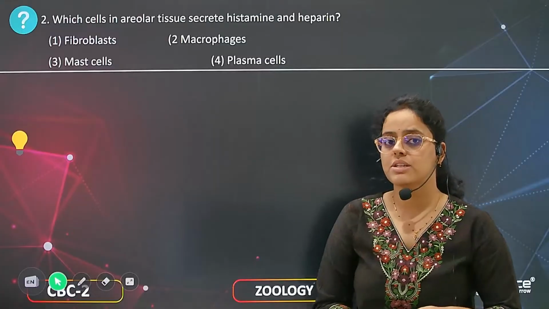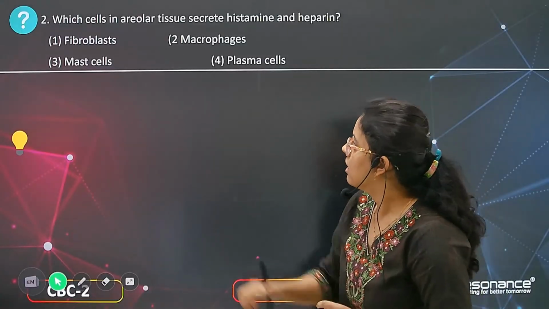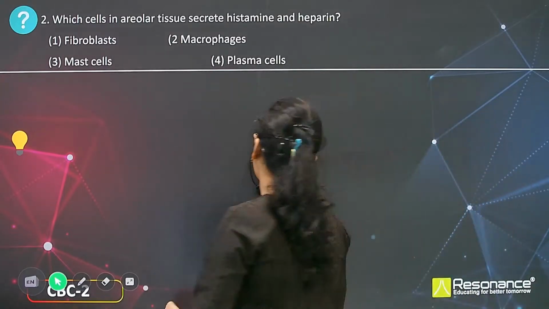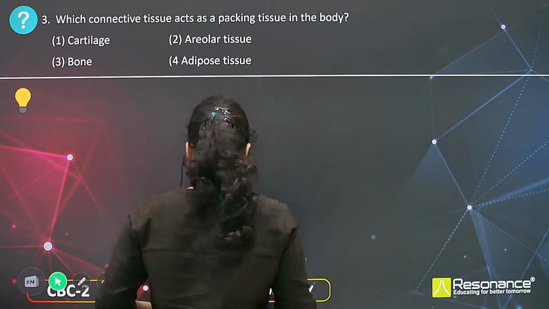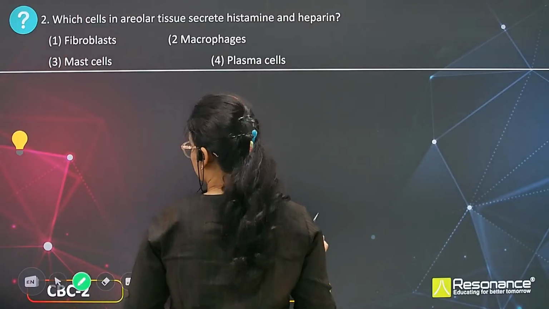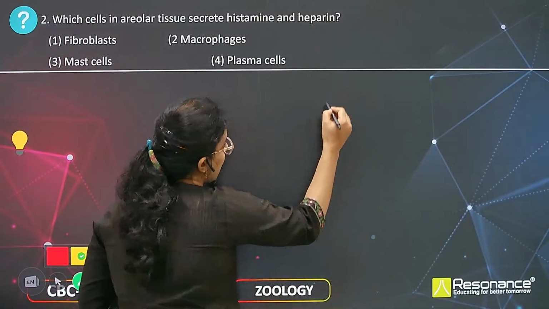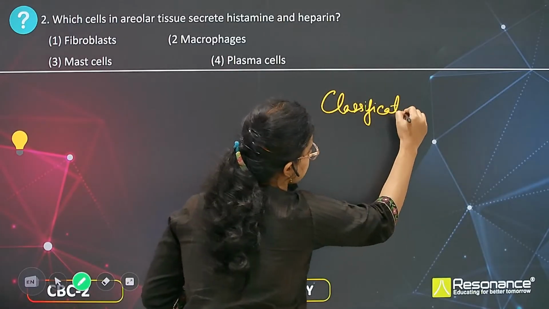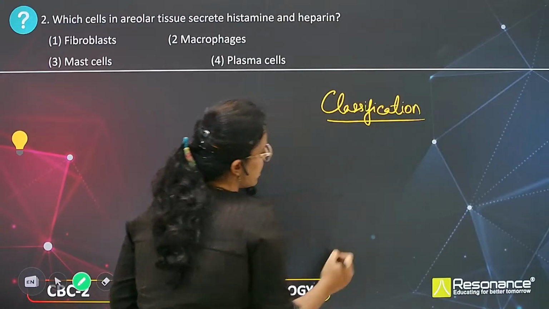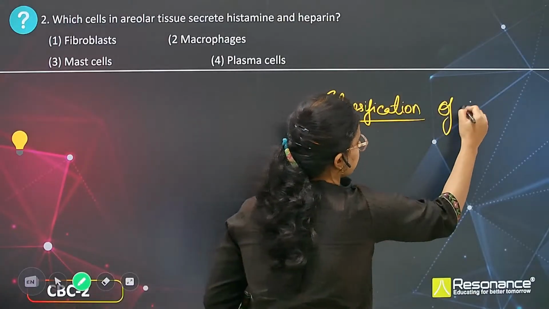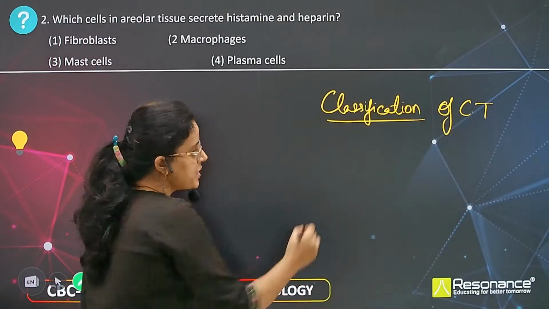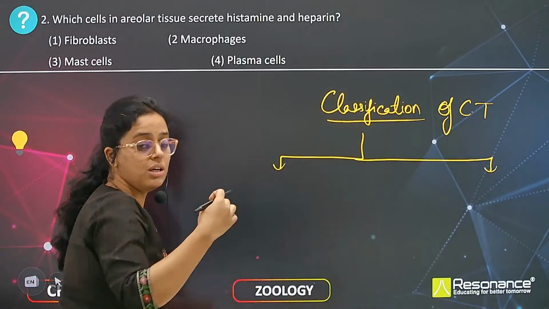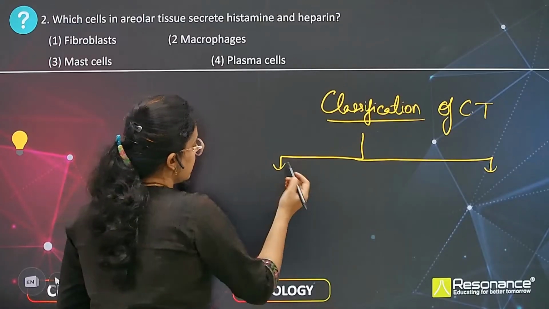Okay, so this is our second question. Which cell in areolar tissue secretes histamine and heparin? As I have classified connective tissue, the connective tissue is classified into dense, loose and skeletal, right?